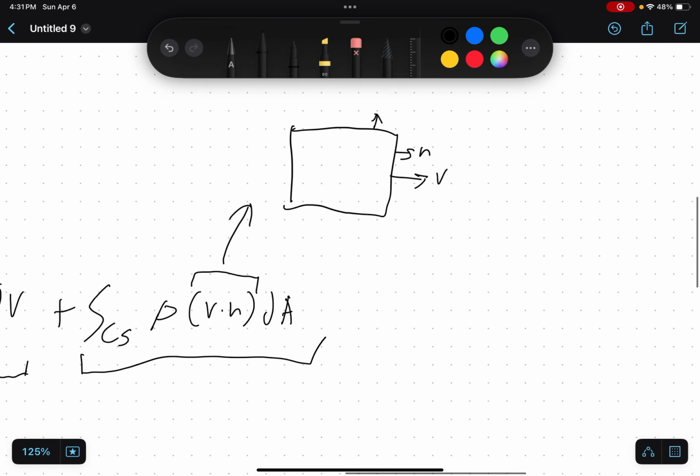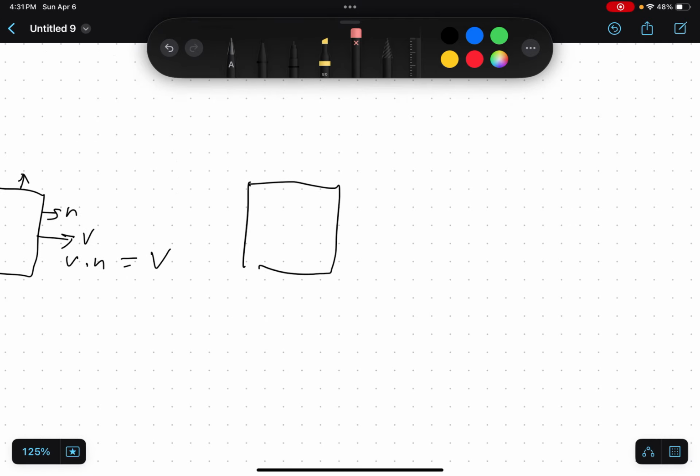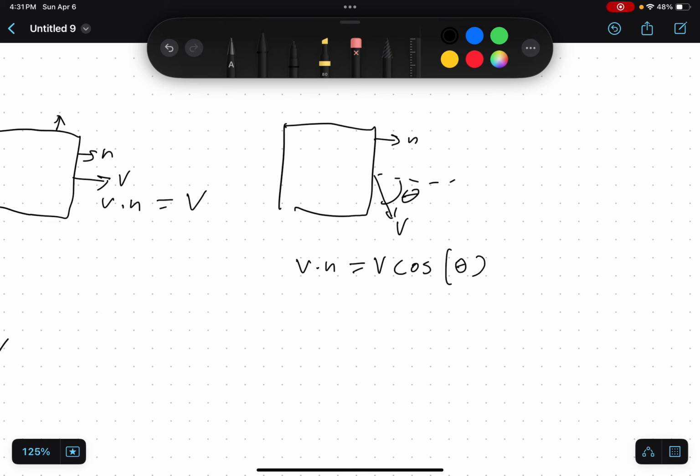But if you had the same control surface and you had V pointed, I'm going to make it more exaggerated, in that direction, your normal is still pointing in that direction. So now you only have part of the velocity pointing in the normal direction. That's theta. So V dot n would equal V cosine theta, because at 0 degrees it's 1, and at 90 degrees it's 0.